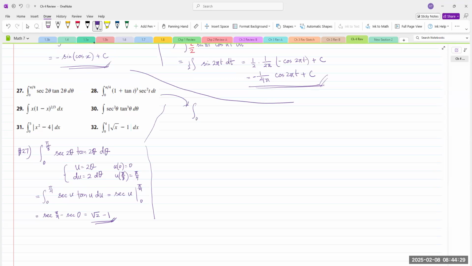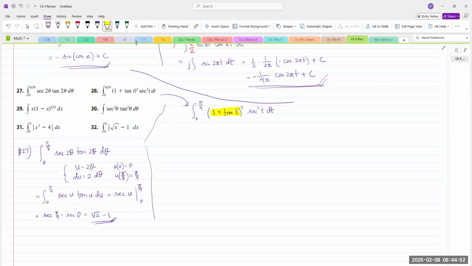Number 28, integral from 0 to pi over 4. Oh, we have tangent in there. The derivative of tangent. Let me write it down first so that I see the details. 1 plus tangent t. I just said something very important. One way for you to see the details is to rewrite the question. Okay, let me call this my u.